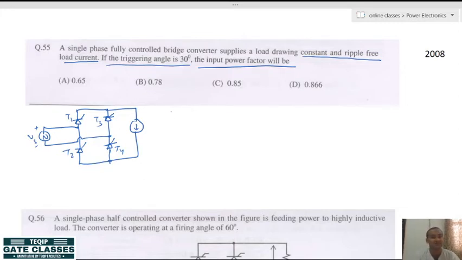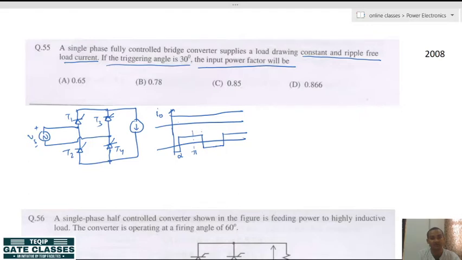For a fully controlled converter, this was the load current, and the source current was coming like this, where this is alpha, this is pi plus alpha, this is 2 pi, this is 2 pi plus alpha, this is 3 pi, and so on.